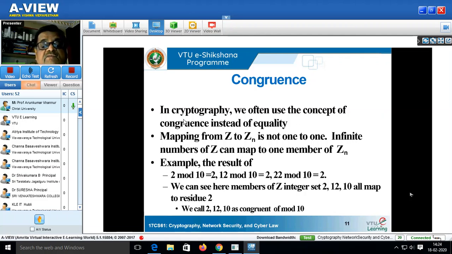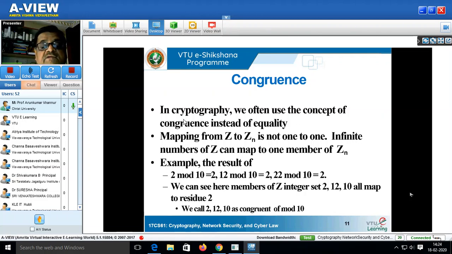And for getting this particular residue, we carry out the mod operation on 3 values, that is 2, then 12 and 22, which are members of Z, the set of integers.